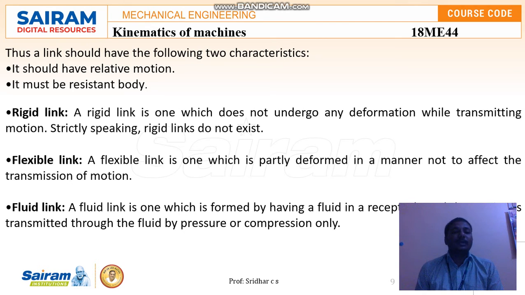So next one is about a flexible link. A flexible link is one which is partially deformed in a manner that does not affect the transmission of motion. A rigid link does not undergo any deformation while transmitting the motion, but in a flexible link, some deformation will occur partially, not completely, while transmitting the motion.